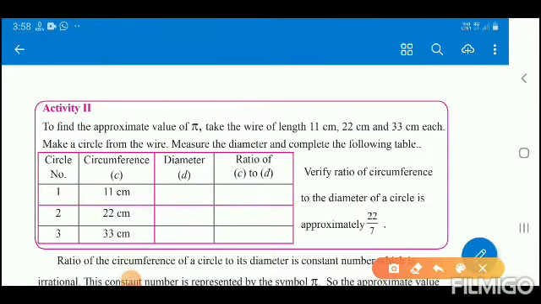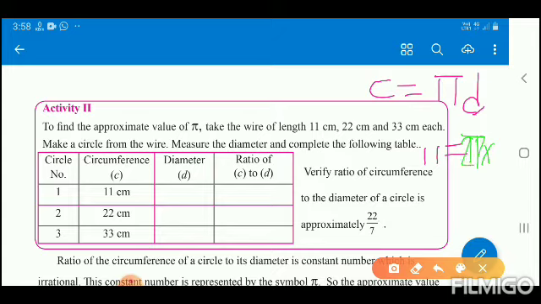So look, we have taken C is equal to pi d. Now the value of C is given as 11. So 11 is equal to pi into D. You know that pi is equal to 22 upon 7.